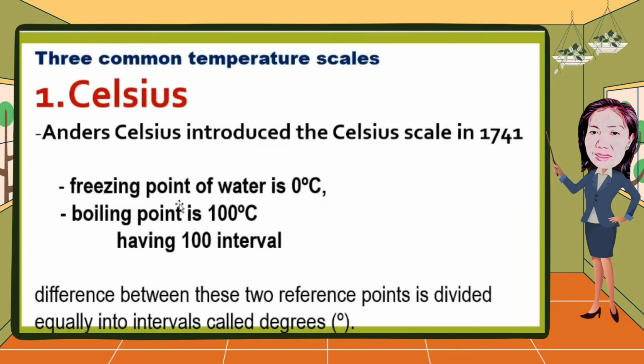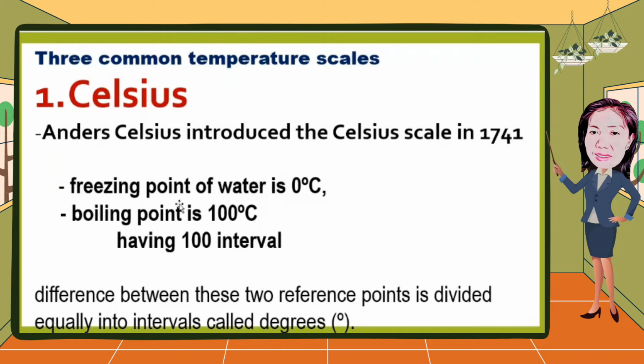Okay, so there are three common temperature scales. One of these is Celsius. This was introduced by Anders Celsius in 1741. In Celsius, the freezing point of water is 0 degrees Celsius, and the boiling point of water is 100 degrees Celsius.